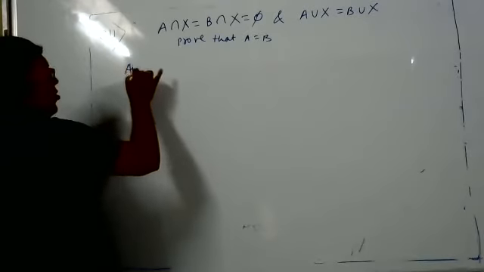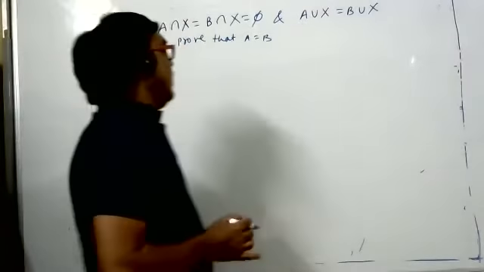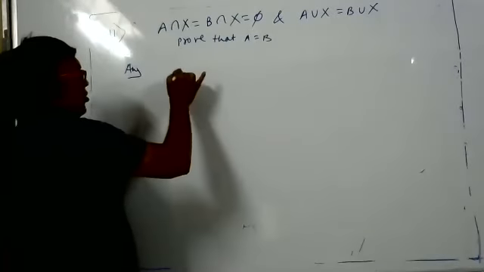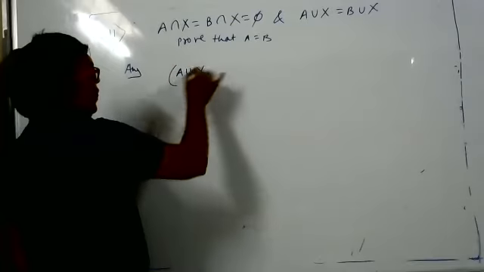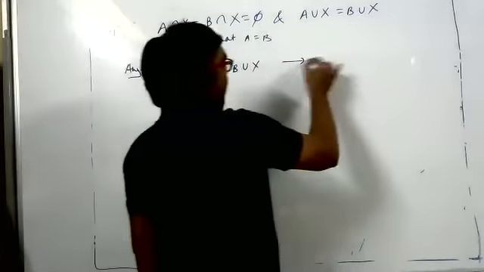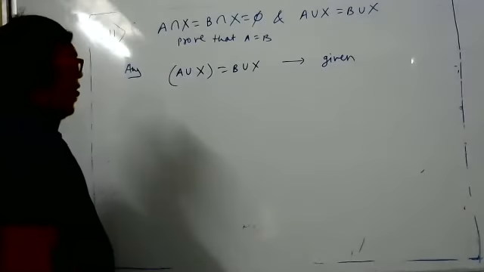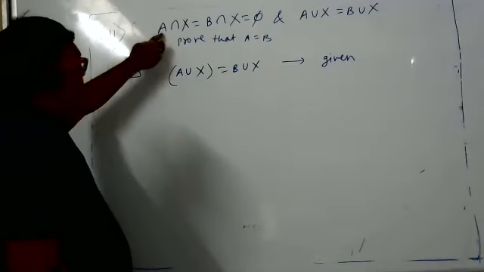What help have they given? A union X is equal to B union X. This is given. They have also given A intersection X is null.